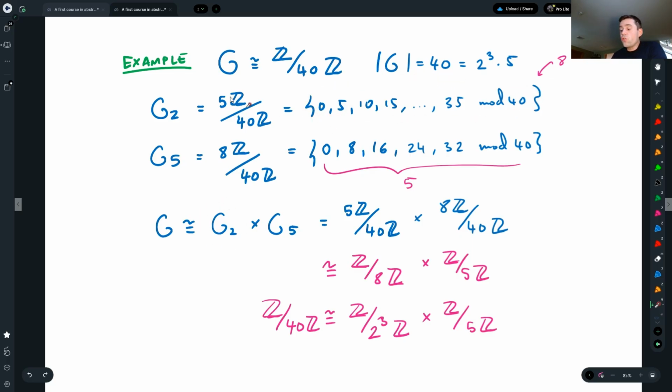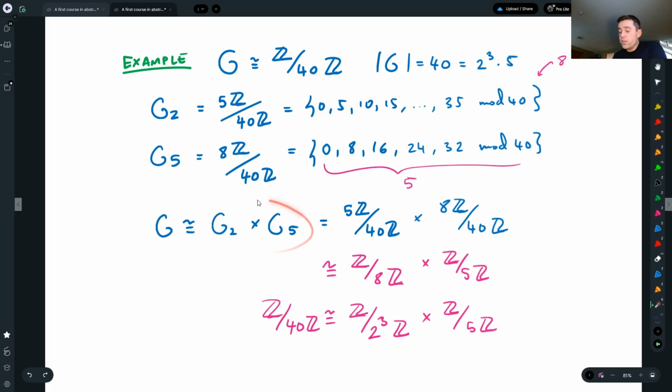That is the 2-primary component, the subgroup generated by 5. Similarly, 8 has order 5, because 8 times 5 is 40. The subgroup generated by 8 has order 5, so that will be the 5-primary component.